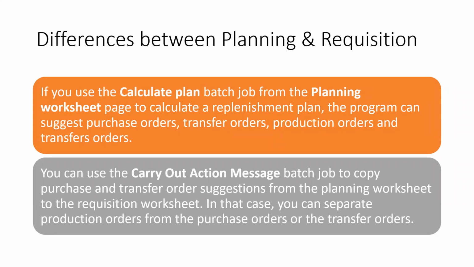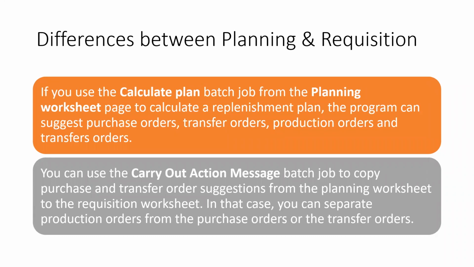And then we have one last action. Once we calculate our plan, we are going to see in our document how many items we need to replenish. Then we can carry out action messages. That's a function to say, before you actually prepare any document, what the design of Business Central is as follows.